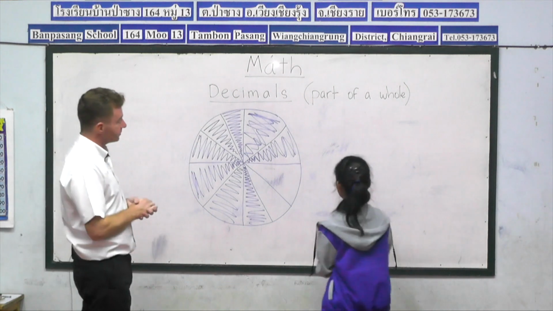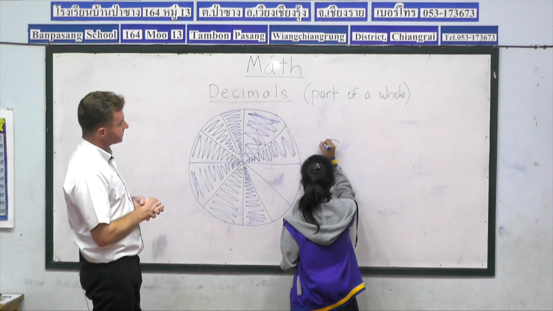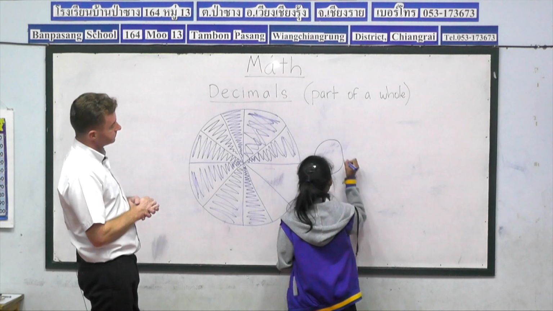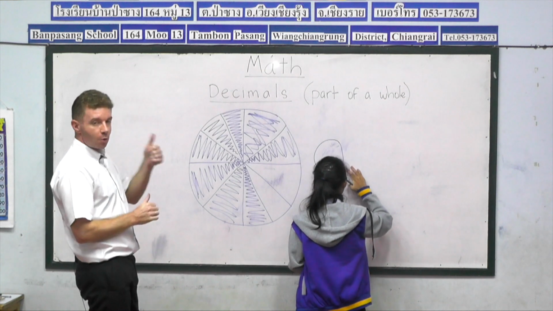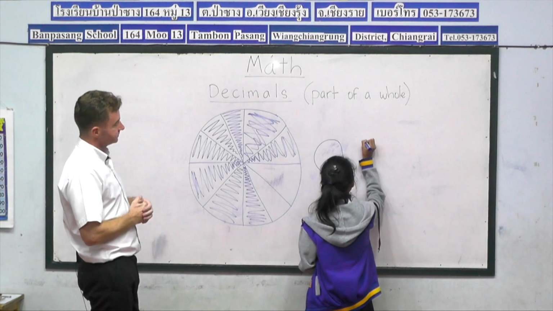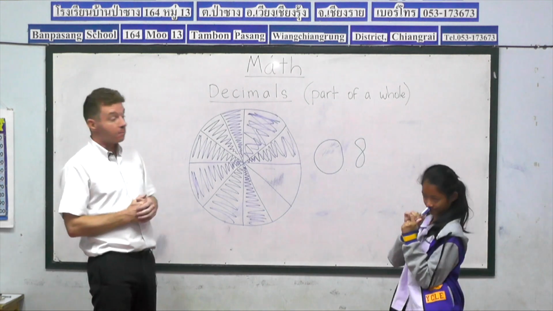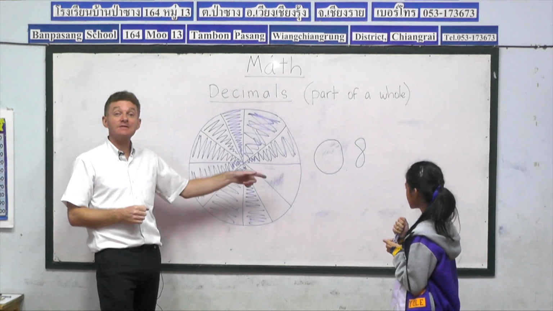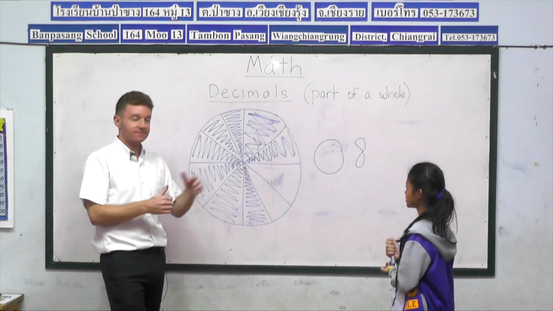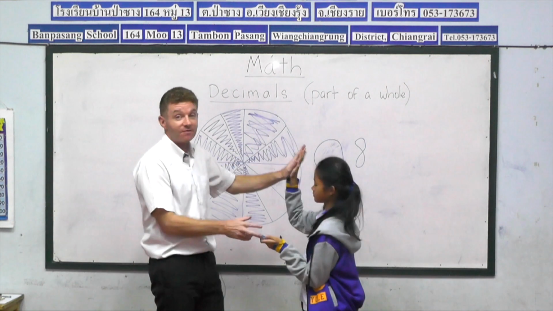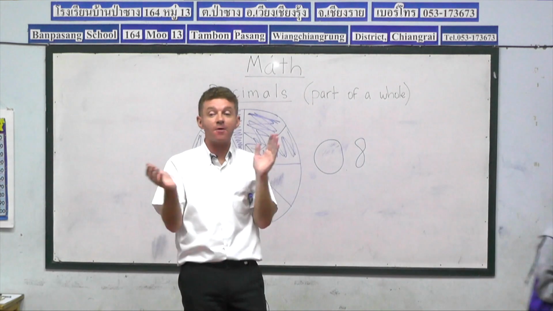And can you show me what that looks like, please? 0, point, always important, the decimal point. 8. Perfect. So one more time, can we say 0.8? Dan, that was perfect. High five and a big round of applause for Dan, please, guys.